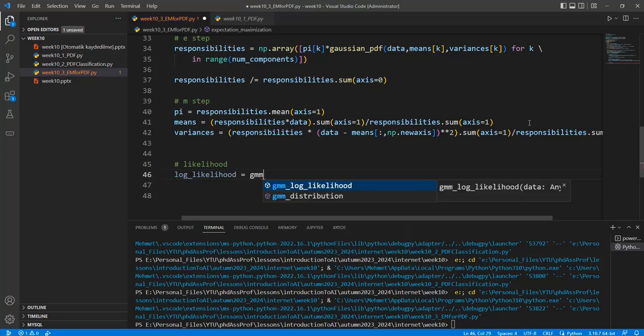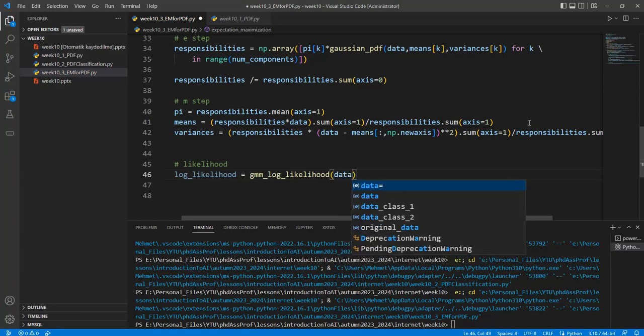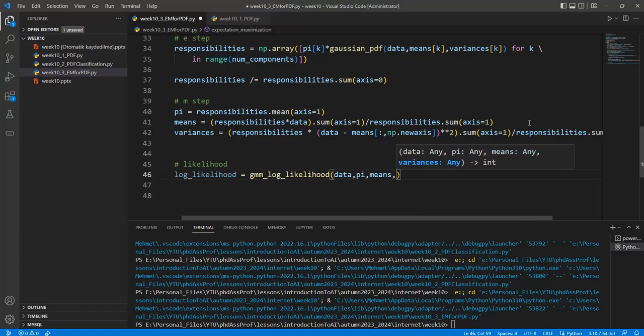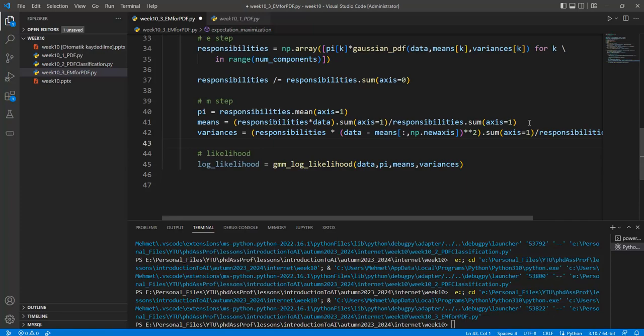After that, we should compute the likelihood, like this one: log likelihood is equal to GMM log likelihood of data, pi, means, and variances. Okay, because we need to observe the total cost function in here. Log likelihood is a cost function, and new values should be passed to this function, and then this function should be checked.